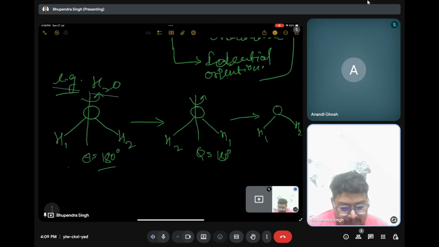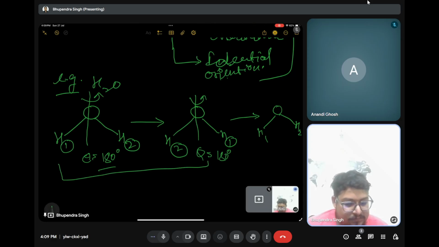If you look closely, H1, H2 and H2, H1 are actually no different, but for studying this course I have indicated them like that. These first two molecules are equivalent but not identical.